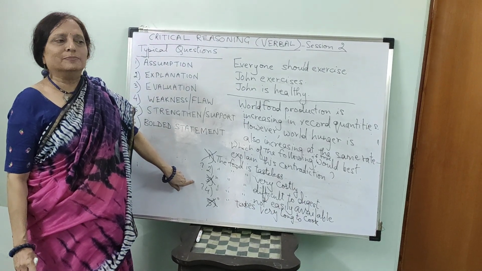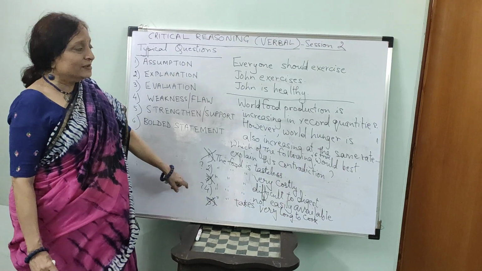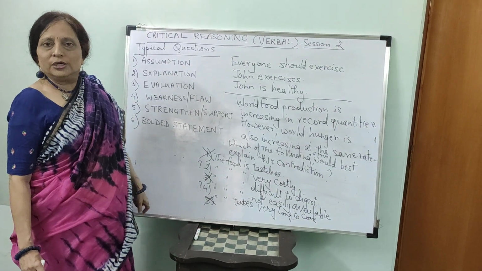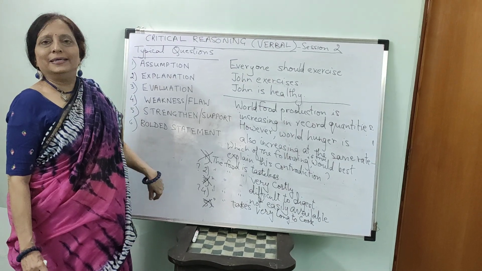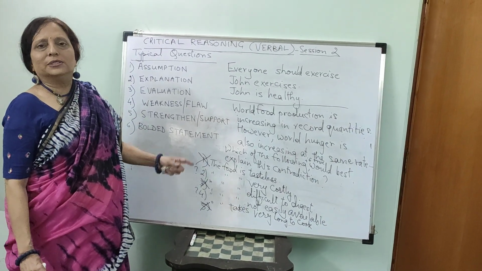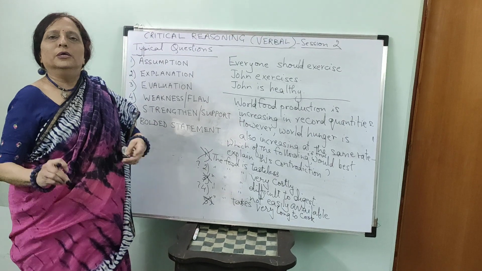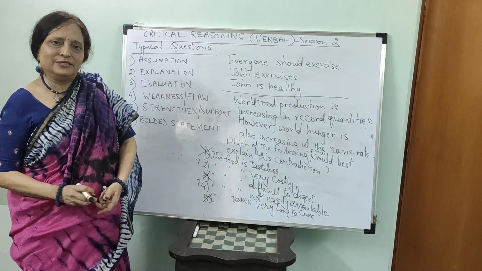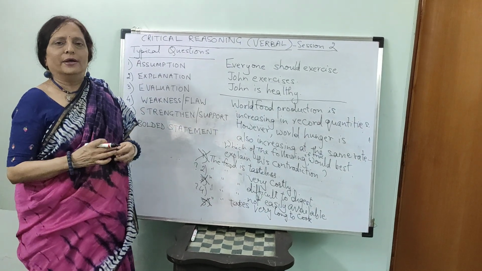So obviously it's because it's not available, and it never says that it is only the poor who are dying. So that means the cost is not the issue here. The availability is the cause, that though there is so much food, equally there is so much world hunger. Understood? This is the way you have to find out the answer.